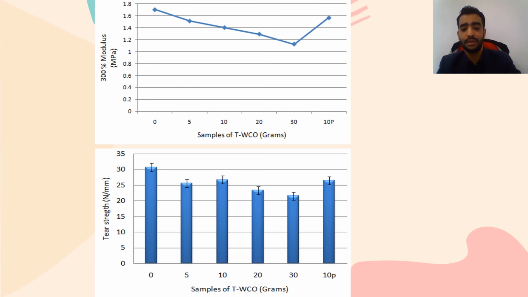Then the second chart showing the tear strength. In terms of tear strength, transesterified cocoa oil at 0 gram, which is a comparative formula that doesn't include synthetic rubber, has a number that is equivalent to transesterified cocoa oil 5 gram, but it is lower than transesterified cocoa oil 30 gram.